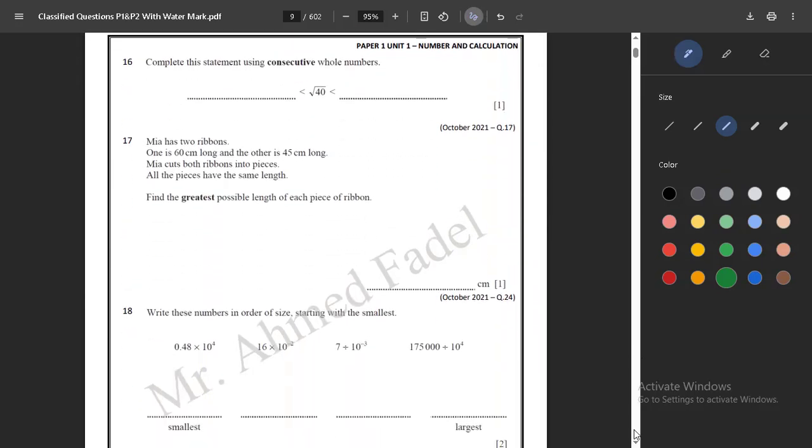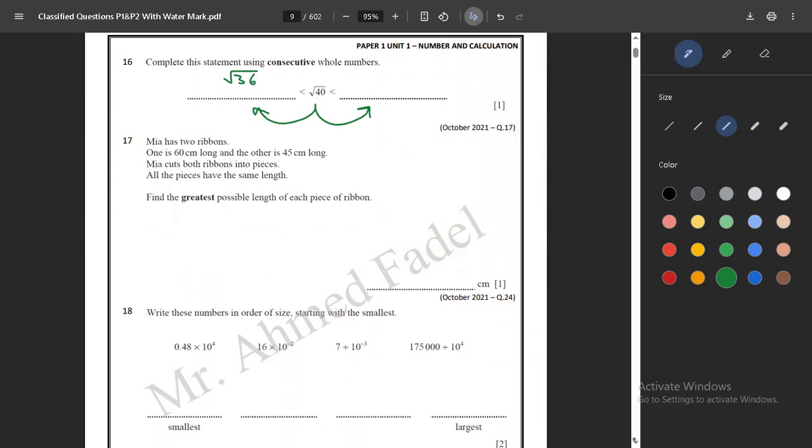Okay, here, they're saying to complete this statement using consecutive whole numbers. This is exactly as if they're saying to you, square root of 40 is between what and what? Square root of 40. What is the perfect root before it? The perfect root before square root of 40 is going to be square root of 36, right?